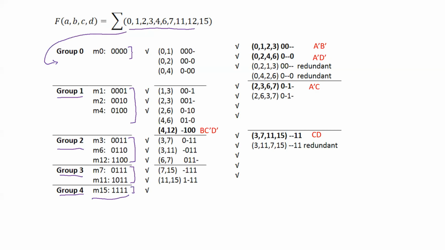Now, what are you going to do in the second step? In the second step, we group 0 with all of them, taking into consideration how many bit changes there are. First is 0 and 1. When you compare them, you will observe there is only one bit different, so you write it as 0, 0, 0 and dash.